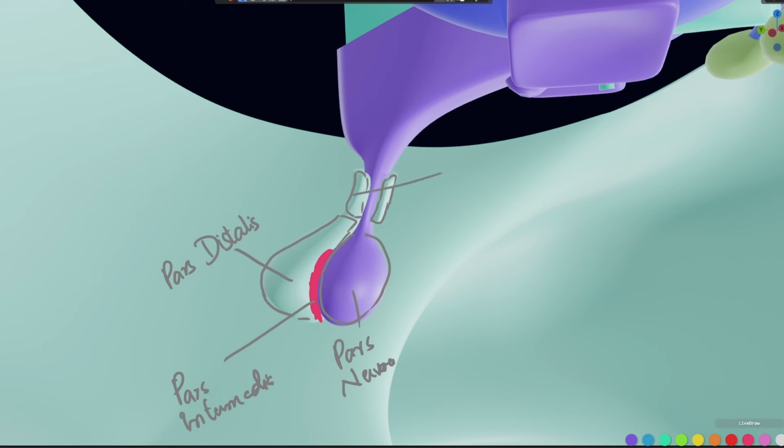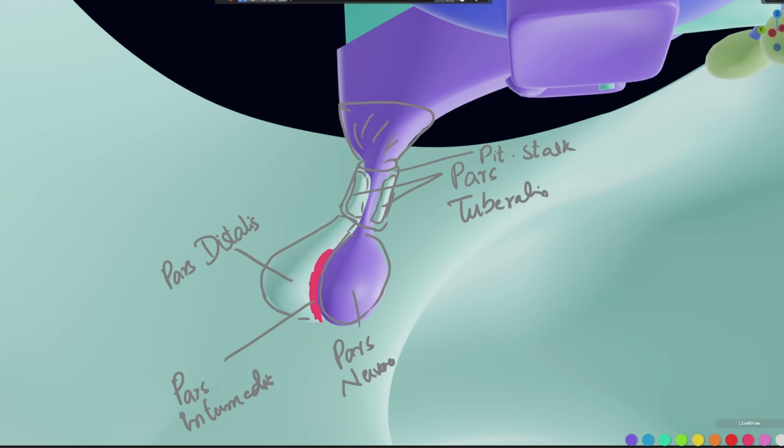So I am labeling all these structures. Here this is the pituitary stalk, which consists of the hypothalamic part, and outside it is the pars tuberalis part. So this is the pituitary stalk, and above that this is the infundibulum.